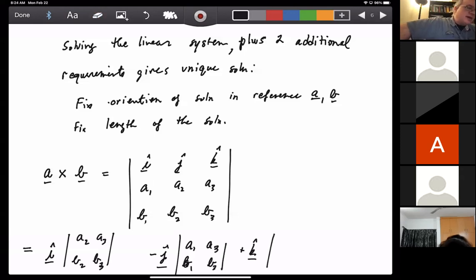And then with the k hat, we've got A1, A2, B1, B2. Then we compute these smaller 2x2 determinants, and finally we're left with a vector. So that is the definition of the cross product.